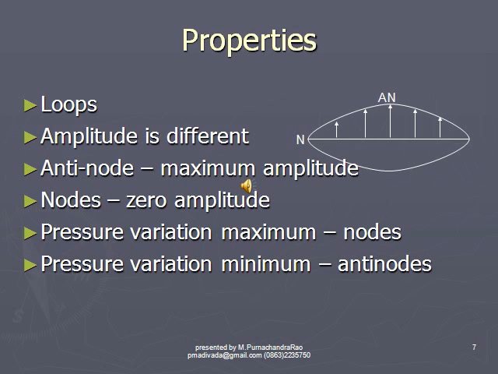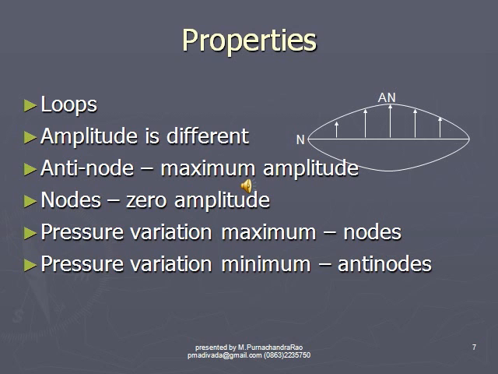The length of the arrow mark indicates the amplitude of vibration. The amplitude increases from node to antinode and decreases from antinode to node. At the antinode, the amplitude of vibration is maximum. If the superimposing waves have equal amplitude, then the amplitude of vibration at the node is 0.